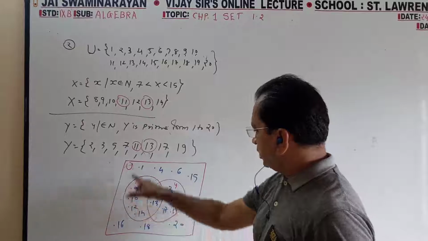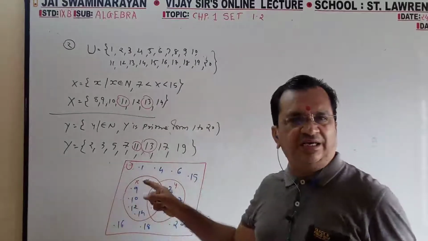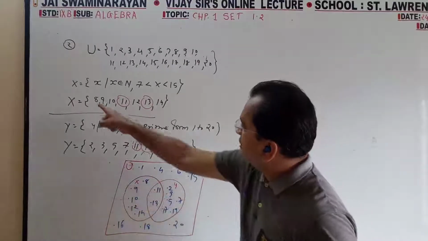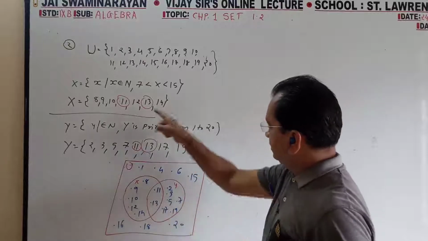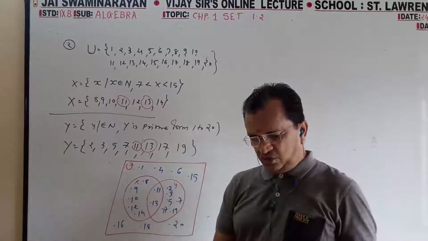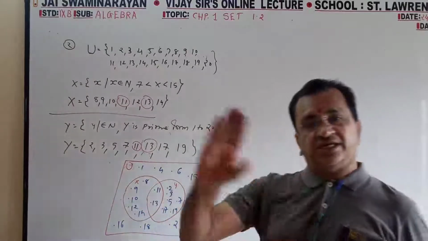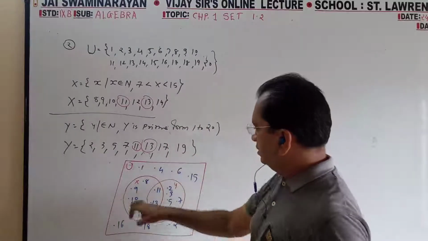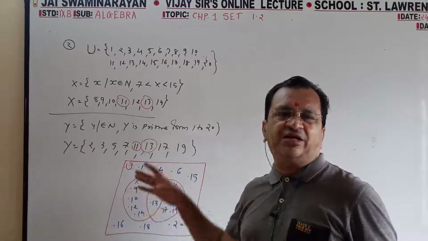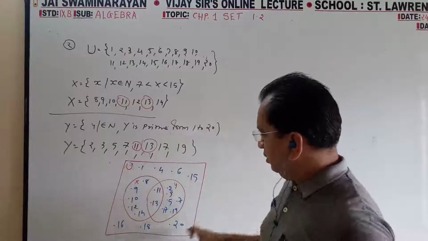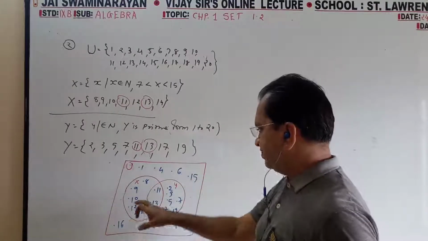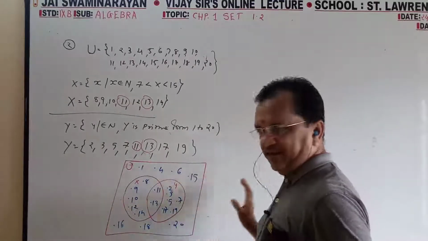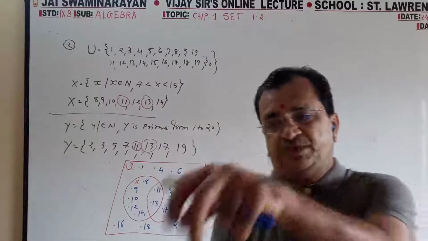So U contains all 1 to 20. X contains this much, Y contains this much, and this overlap means those in X and also in Y, and outside are those not in X, not in Y, not in common. Like that you have to show the Venn diagram.